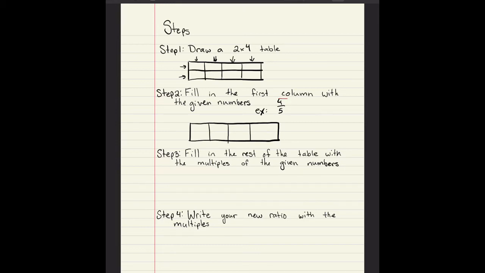Remember, the column is the up and down, because the L is long, so you can see it's like an arrow. The first column needs to have the given numbers, and our given numbers are 4 and 5.